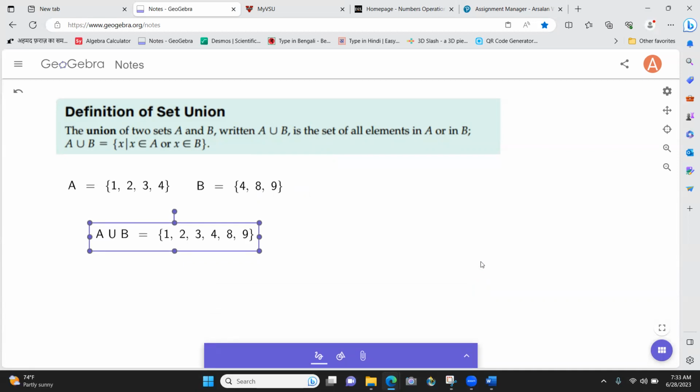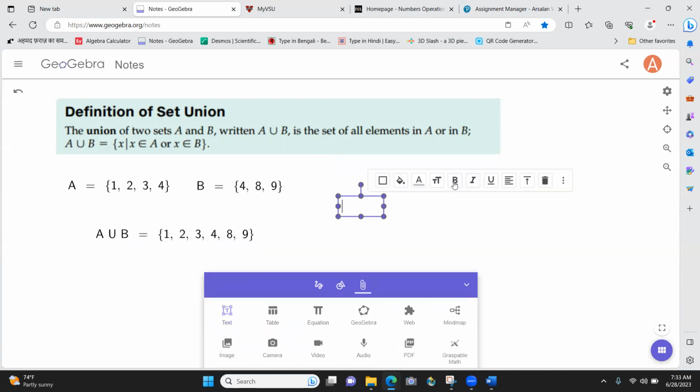So 4 appears only once, even though it belongs to both sets A and B. What's A union B? Grab all the elements from set A and grab all the elements from set B, put them in the same pile. This is the conceptual meaning. The formal definition is if something belongs to A union B, then it belongs to either A or B. The word or is associated with union.